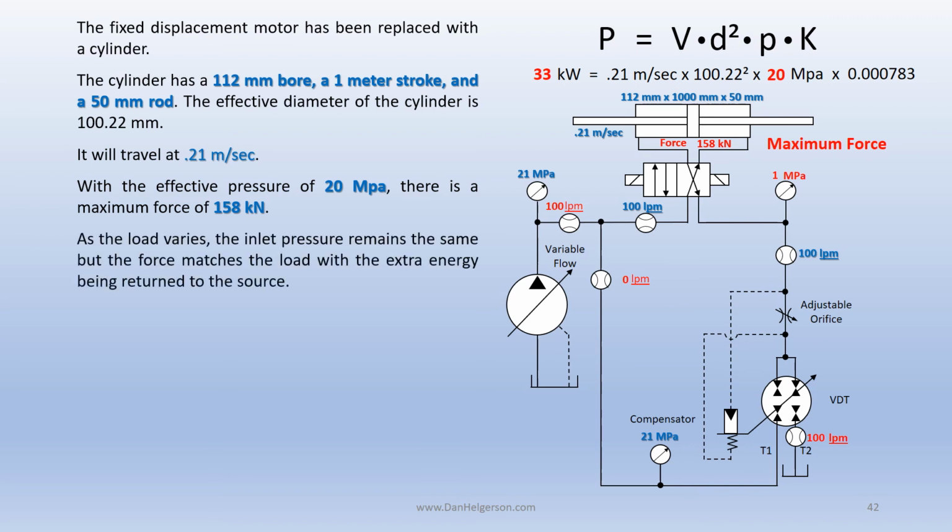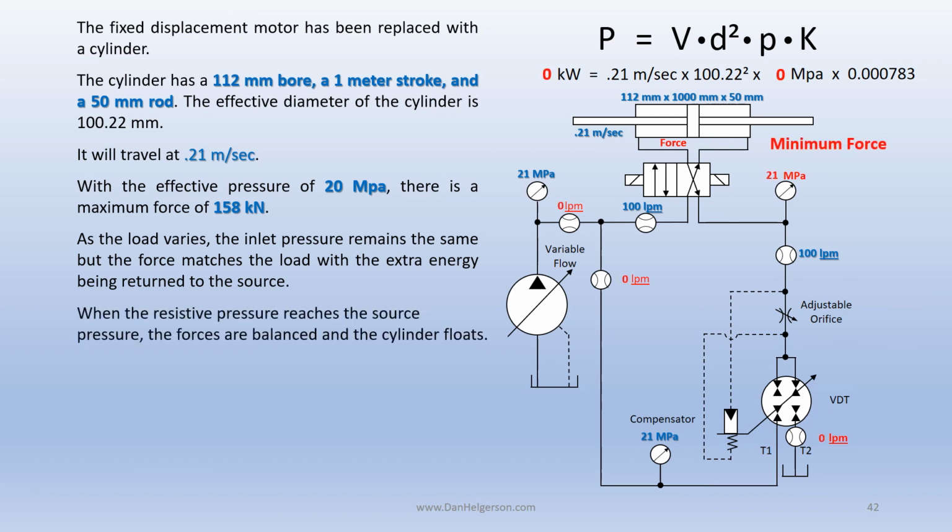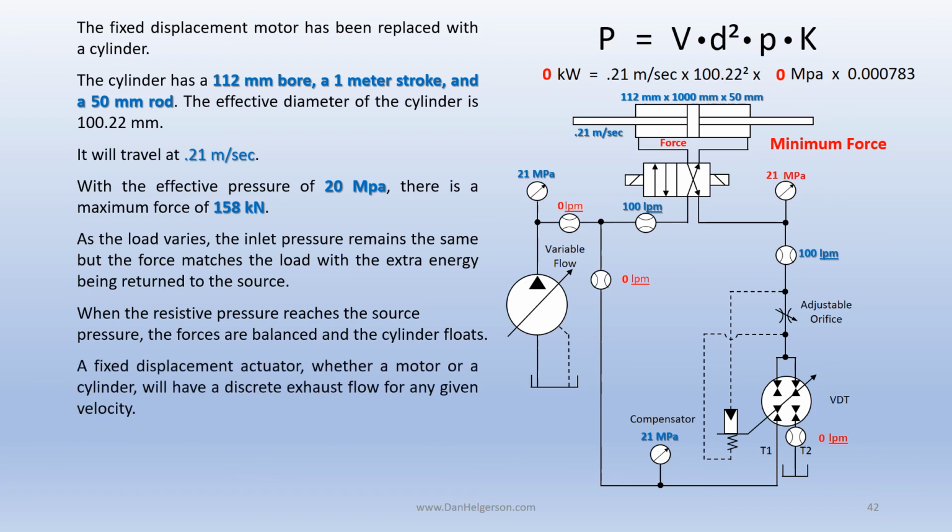As the load varies, the inlet pressure remains the same, but the force matches the load with the extra energy being returned to the source. When the resistive pressure reaches the source pressure, the forces are balanced and the cylinder floats.